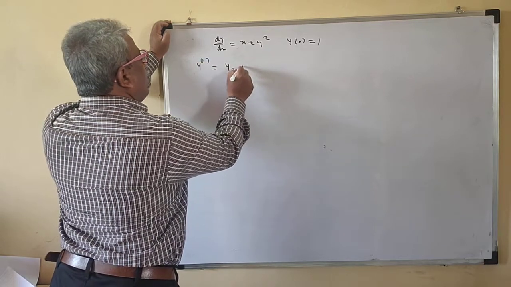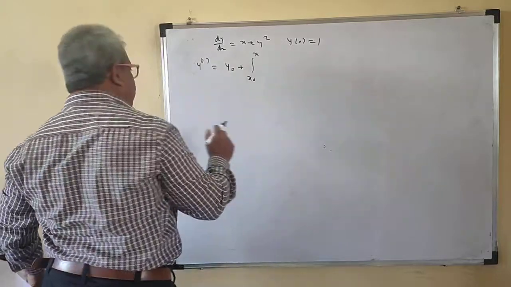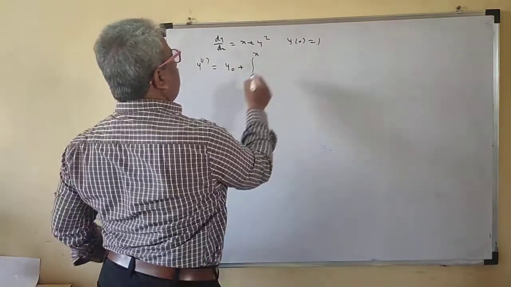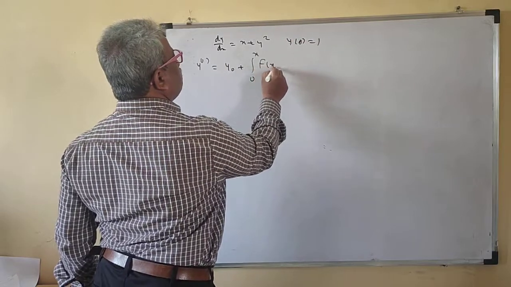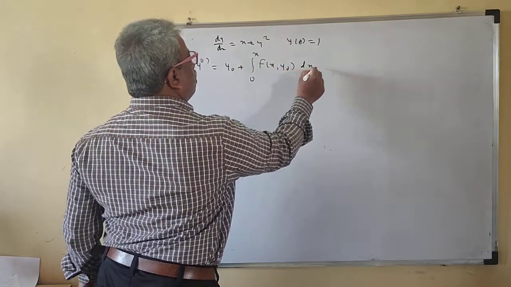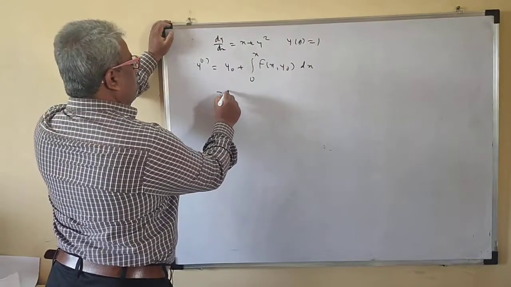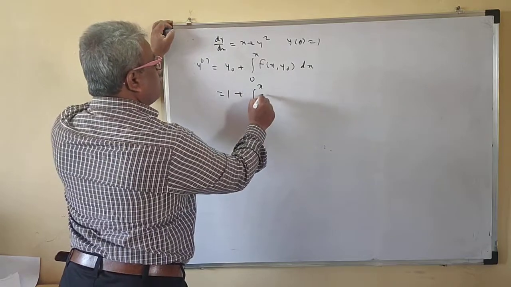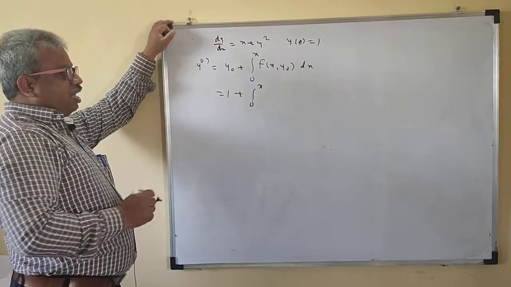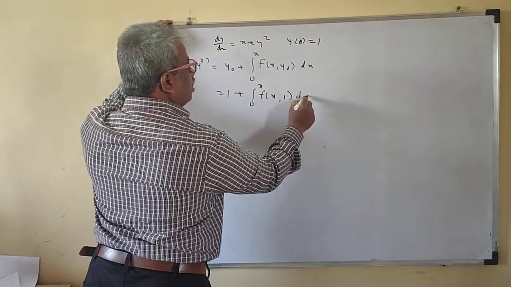So what is that? y0 plus integration from x0 to x, where x0 is 0, so 0 to x, f of x, y0. So what is your y0? y0 is 1. So y1 is 1 plus integral from 0 to x of f of x, y0, dx.